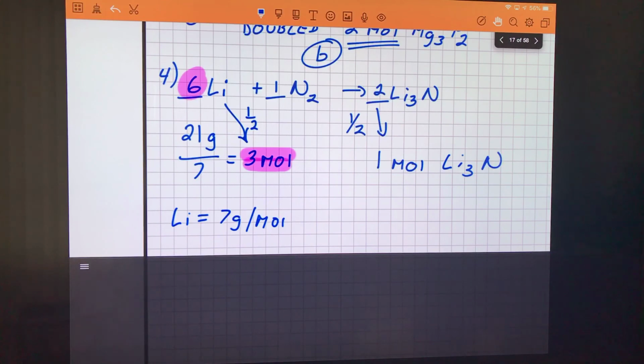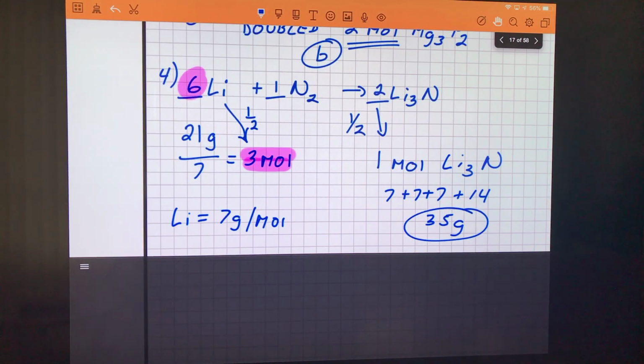I'd get half a recipe. So now I can just add up the molar mass there, and that is 7 plus 7 plus 7 for the lithiums and a nitrogen at 14. So that is 35 grams is the final answer.